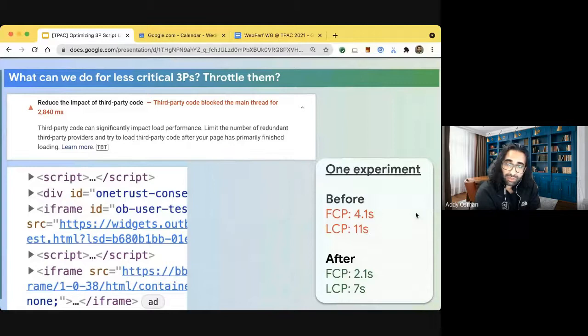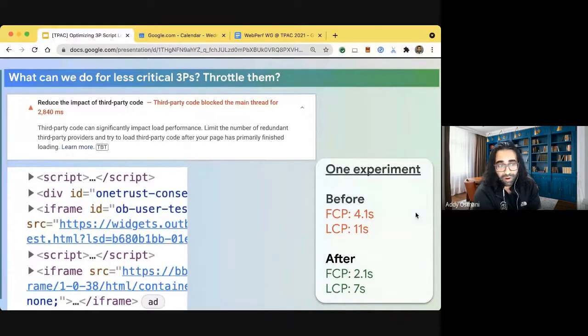And sometimes these scripts are actually really important for the critical rendering path and what gets rendered for users early on. Sometimes they're not. And so you can't arbitrarily throttle everything that isn't first party. What you can potentially do is targeted throttling, so defining a set of heuristics and signals that indicate if a script may be safe to throttle.